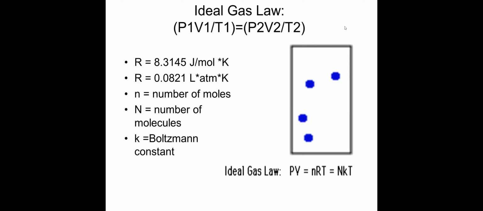So if you look up at the top, where it says ideal gas law, you can see pressure 1 times volume 1 divided by T1 is equal to pressure 2 times volume 2 divided by temperature 2. So this is the calculation, but we have taken out some of these other variables because we're assuming they're constant. Now, that's not always the case. So if you're given moles to calculate pressure, make sure you know how to convert them.